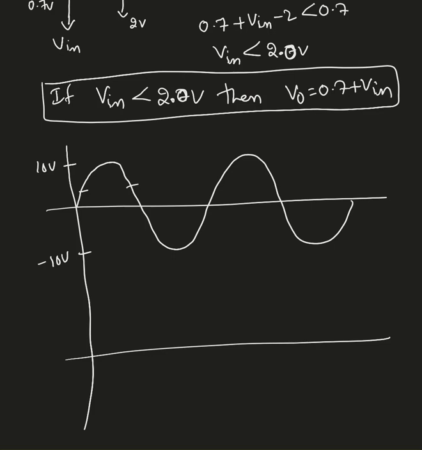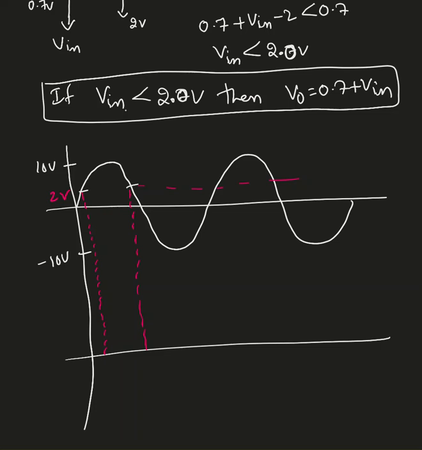So I'm going to draw a straight line. Up to 2, my input voltage. So if input voltage is less than 2 volts, that's the 2 volts. Output voltage is 0.7 plus Vn.